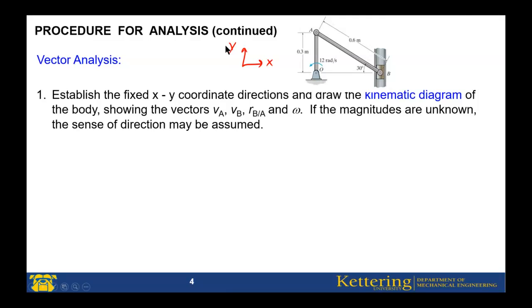You need to write these quantities, VA, VB, RB, and omega in vector form. You need to write the vector in terms of the i and j components. And also, the Z direction is perpendicular to this plane.